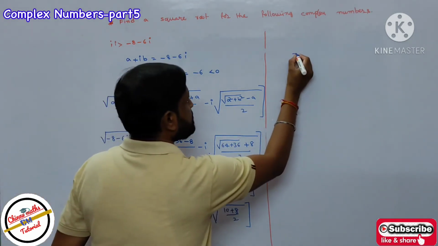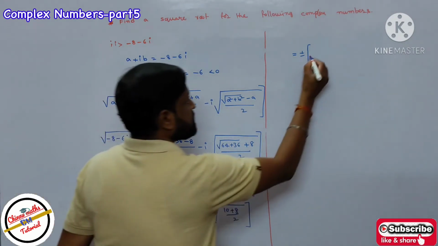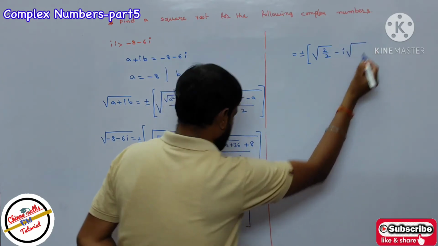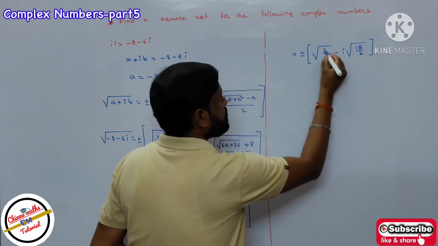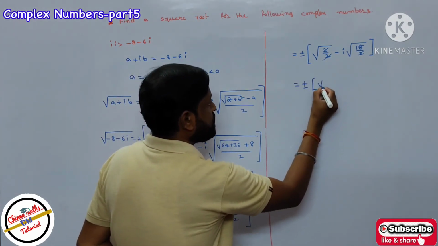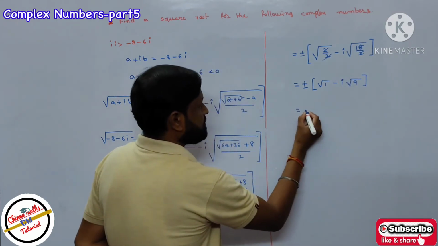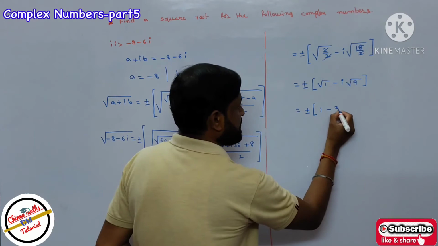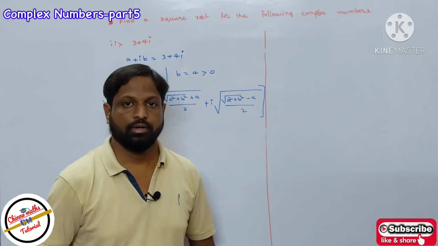So it is equal to plus or minus square root of 10 minus 8 equal to 2, by 2, minus i into square root of 10 plus 8, 18, by 2. Then both get cancelled: 2 ones are 2, 2 nines are 18. So it is equal to plus or minus root of 1 minus i into root of 9. Root of 1 is nothing but 1, minus root 9 equal to 3, so 3 into i. It is the square root of the given complex number. Next question.